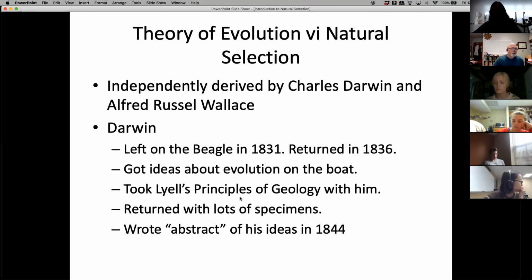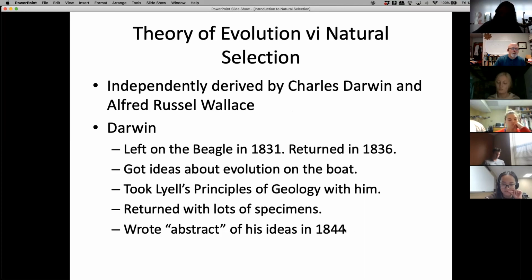And so one of the influences on Darwin's thinking was the fact that Lyell had made the Earth a much older place than the Earth was thought to be before Lyell came along. So basically, Darwin collected a great deal when he was on the ship. He came back with lots of specimens, and he started thinking about the species problem, which is something that he was thinking about while he was on the boat. And he wrote up an abstract of his ideas.